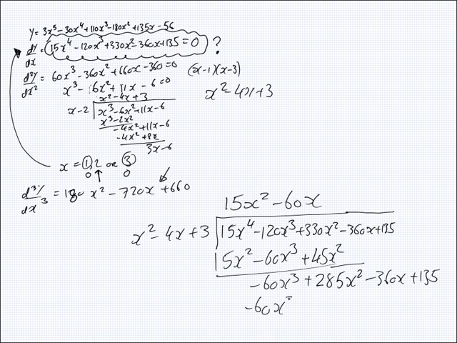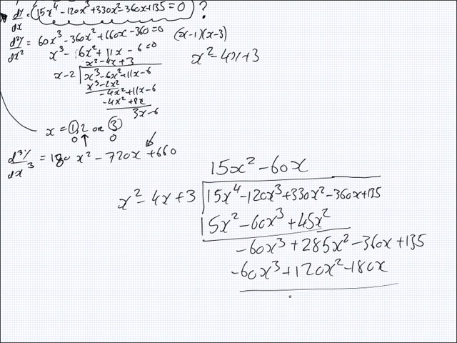Minus 60x cubed plus 120x squared minus 180x. 165x squared? Minus 180x? Plus 6 times 4 is 240. What? Where? 6 times 4. Oh, not 120. Thank you.